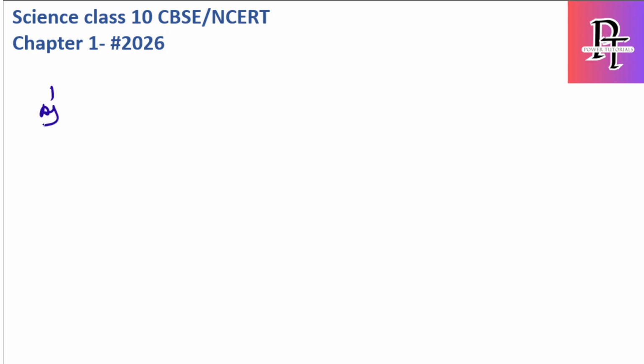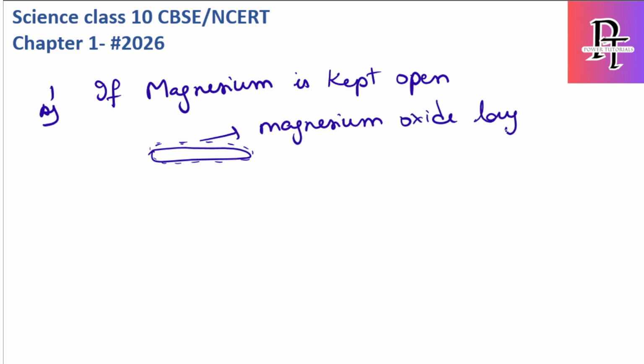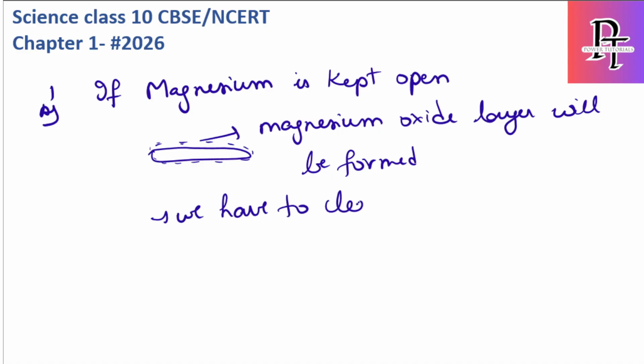So the first answer: if magnesium is kept open like this, a magnesium oxide layer will be formed, so we have to clean it to remove the oxide for the reaction.